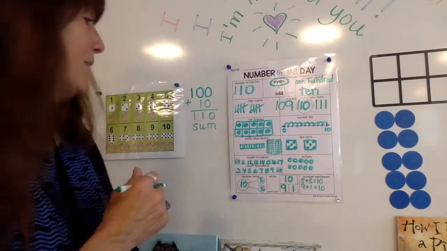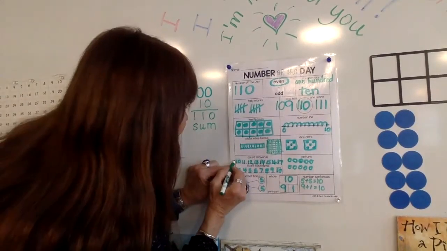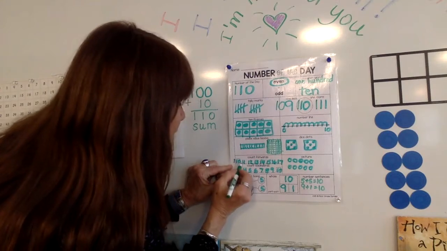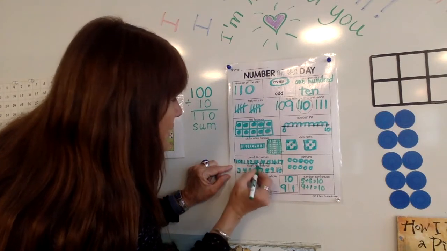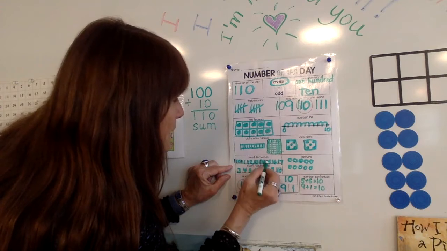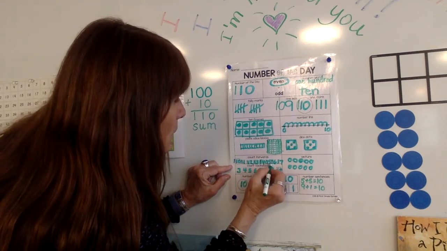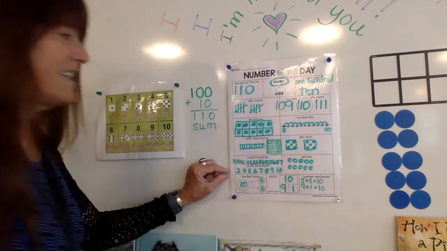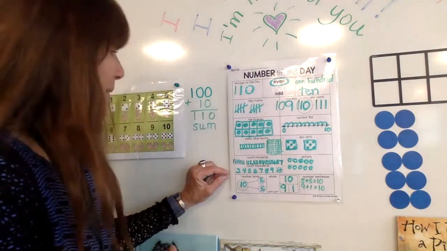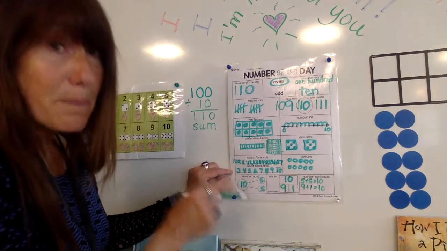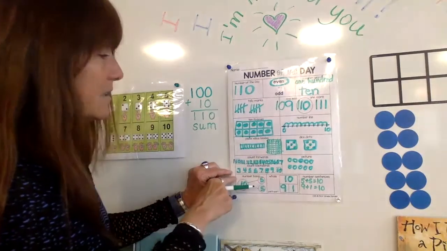For our numbers, all I have to do is add a 1, 110, 111, 112, 113, 114, 115, 116, 117. Just added a 1 in the hundreds place. That's pretty easy.